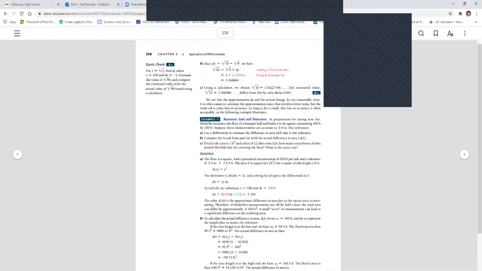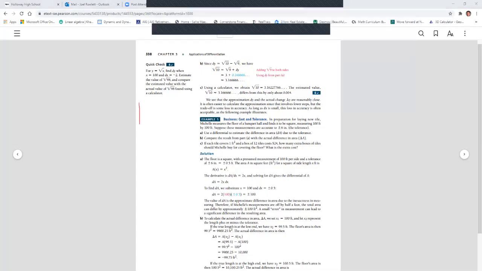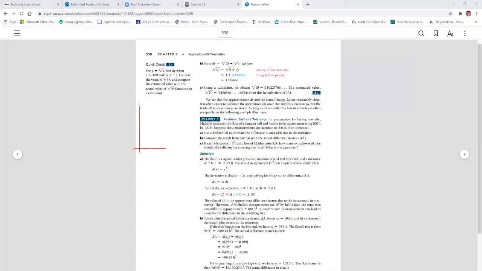So let's look at this in a graph. Remember we said that if you graph the square root function, it looks something like this. And we're looking at x is 9.